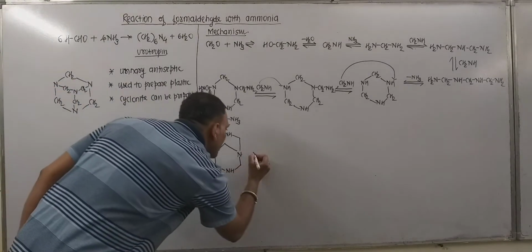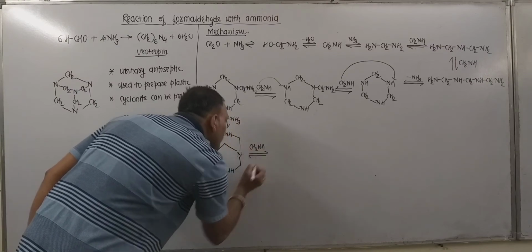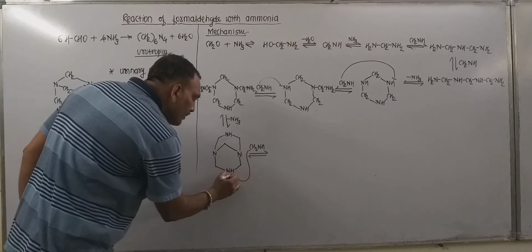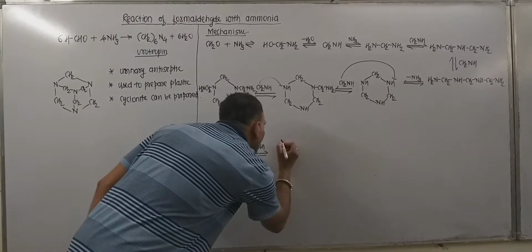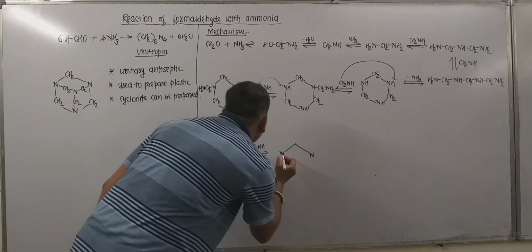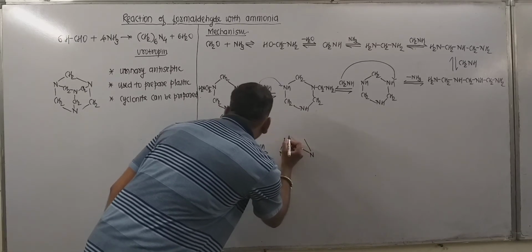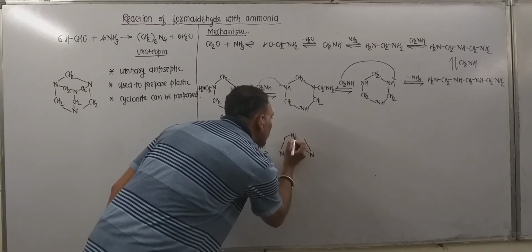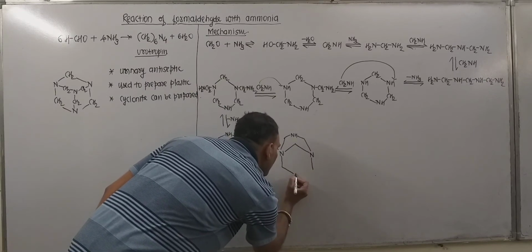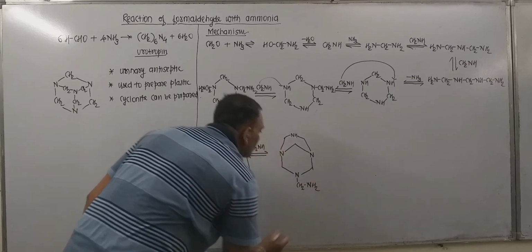Now this intermediate so obtained again interacts with the imine obtained previously, and this imine gets added right here, due to which an addition product can be given in this fashion. So this is the addition product so obtained, CH2NH2.